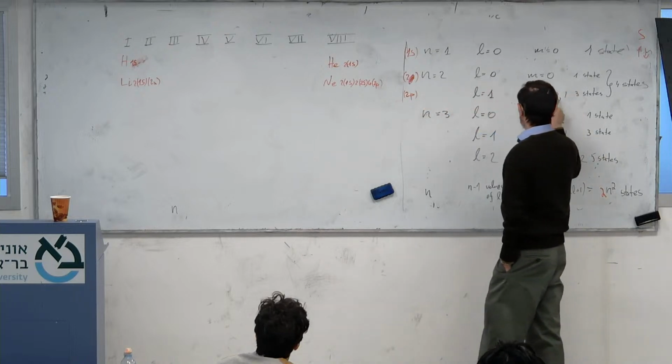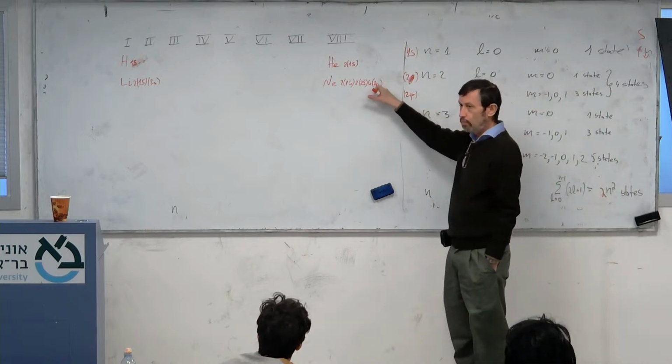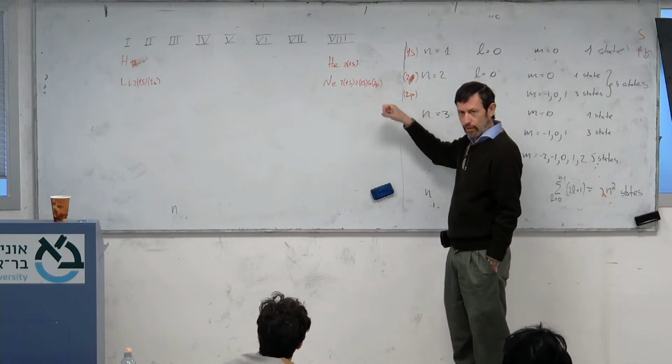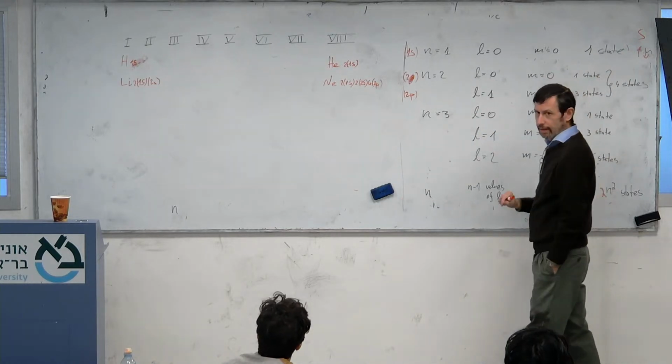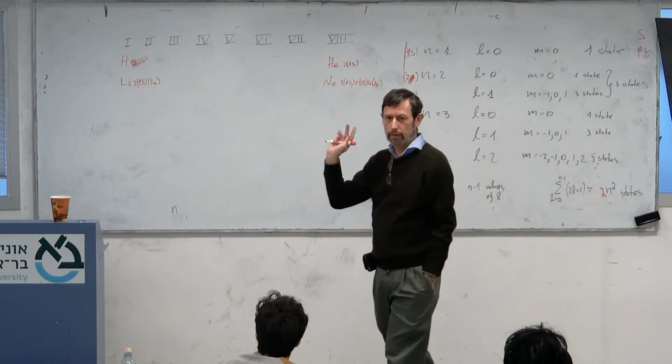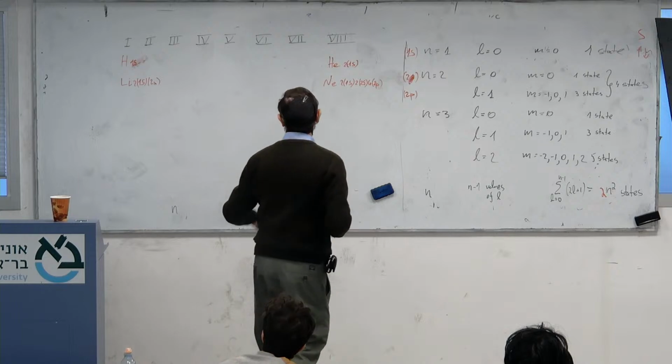Six, because I have here 3 states times 2 in 2p. Why is it times 2? Because of the spin. You can have up and down. I have 2 places to put everything.